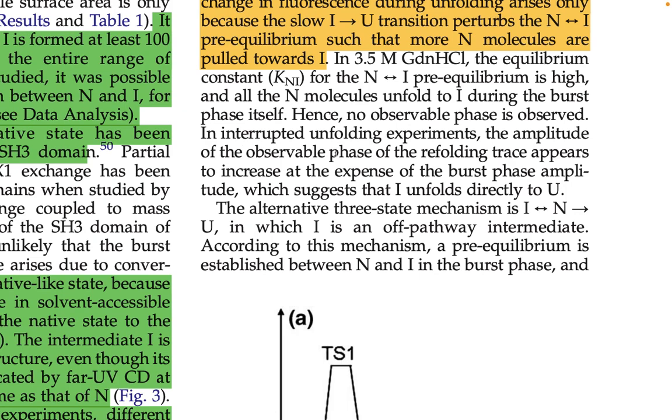In interrupted unfolding experiment, the amplitude of the observable phase of the refolding trace appears to increase at the expense of burst phase amplitude, which suggests that I unfolds directly to U. The alternative three-state mechanism is I to N to U, in which I is an off-pathway intermediate.